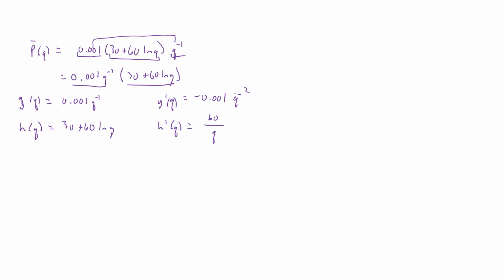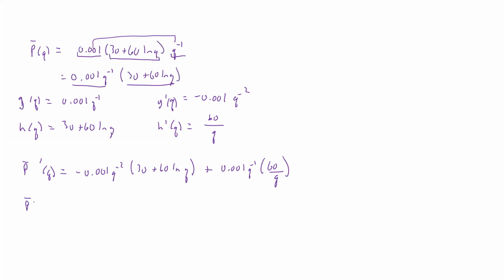So now I think we have everything to write our P bar prime of Q. That's going to be negative 0.001 Q to the negative 2 times 30 plus 60 ln of Q, plus 0.001 Q to the negative 1 times 60 over Q. Okay.